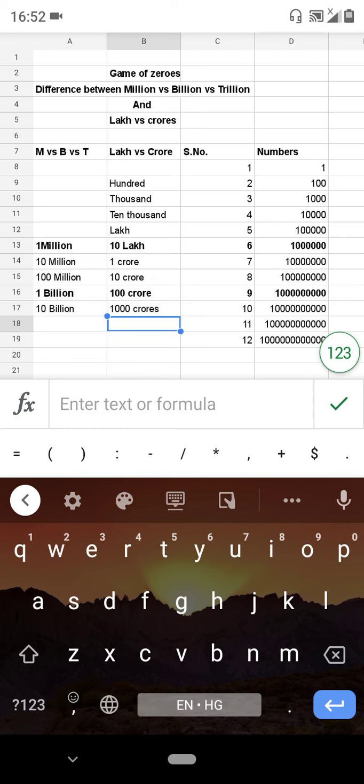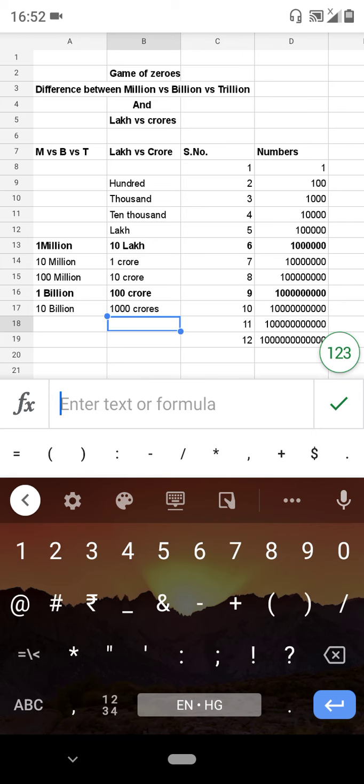Now coming to the next row, which is the 11th row. Here we have a total of 11 zeros. This is a very big number, and you need to always remember that if you have so many zeros, 11 zeros, right?